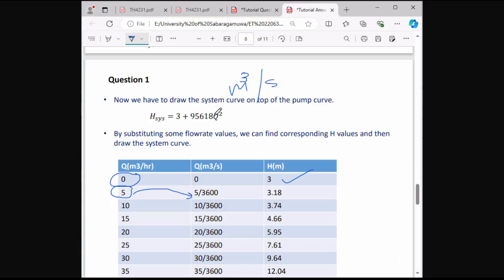You can add this 5 divided by 3600 to this equation. Then after that you will receive H as 3.18 meter. Got that point?